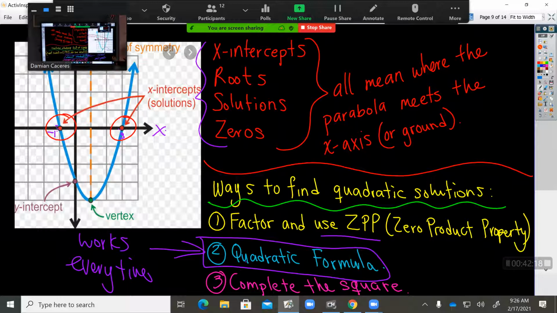So if your two answers were negative 1 second and positive 3 seconds, which one's a real answer? Only the 3. The negative would not be a real answer in a word problem. On word problems, it always has to be a positive value because the x-axis always represents time, usually seconds.